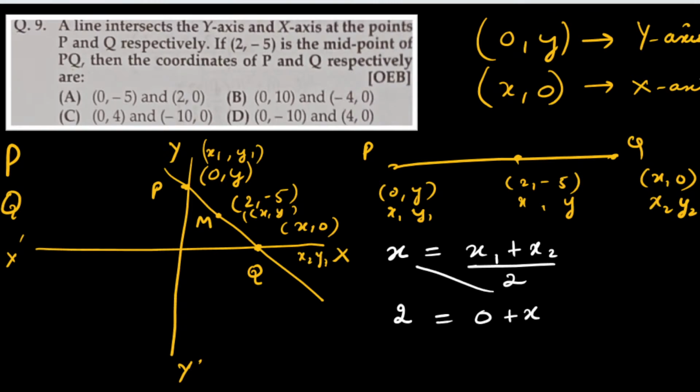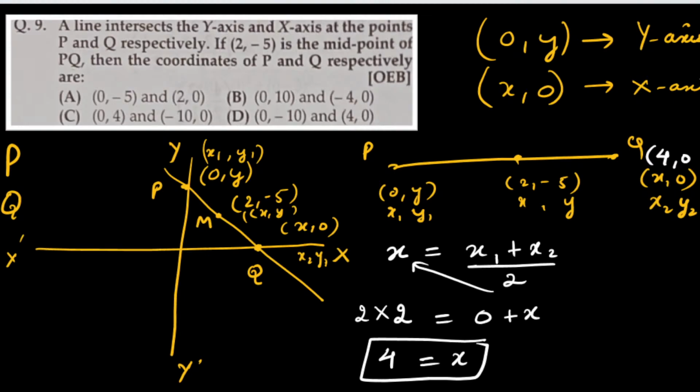This 2 will shift to the other side, and when we shift it to the other side it gets multiplied. So 2 into 2 is 4, and 0 plus x is equal to x only. So x is equal to 4. In the coordinates of Q we have x, so that means the coordinates of Q are 4, comma, 0. So the coordinates of Q we found as 4, comma, 0.